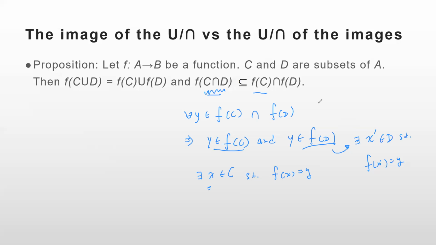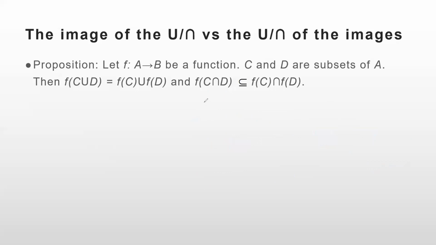The problem comes from the 1-to-1 condition. If f is 1-to-1, then you do have an equality. So there's another proposition: if f is a 1-to-1 injection, then you have this equality. f of C intersect D would be the same as f of C intersect f of D, because you have the 1-to-1 condition.